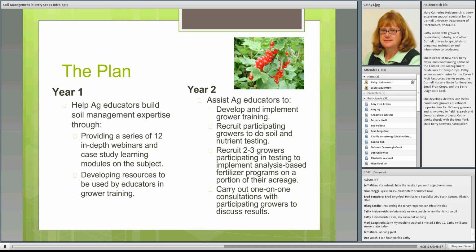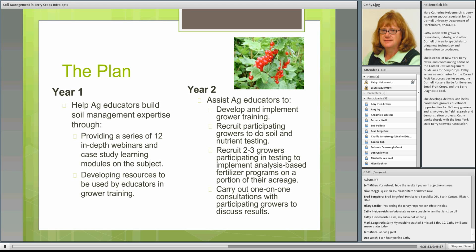And then in year 2 of the project, we're hoping that some of you will develop and implement grower training, and we're willing to assist you with that, and that you'll recruit some growers to do soil and nutrient testing. And within the Northeast region, we do have funds available through the grant for 50 growers to receive complimentary soil and nutrient testing. If you're outside the Northeast region, there may be some other options, and I'm willing to discuss that with you.